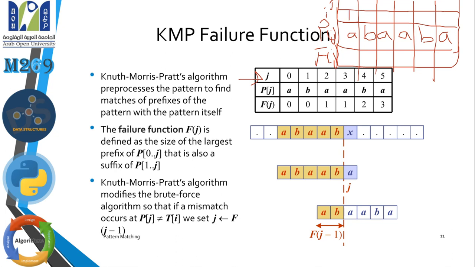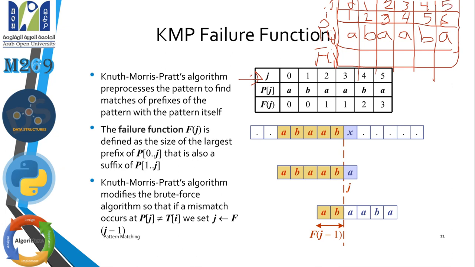So the index actually starts from 1, 2, 3, 4, 5, and 6. And the J, as you can see here, starts from 0. So 0, 1, 2, 3, 4, and 5.